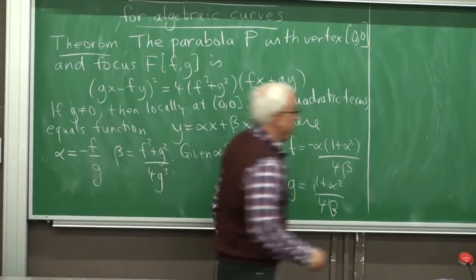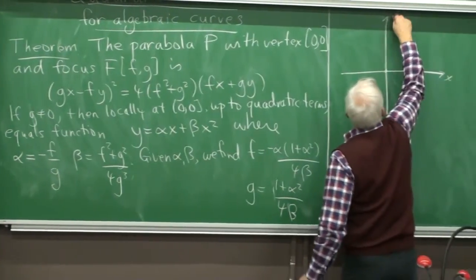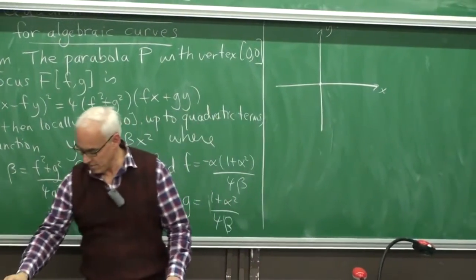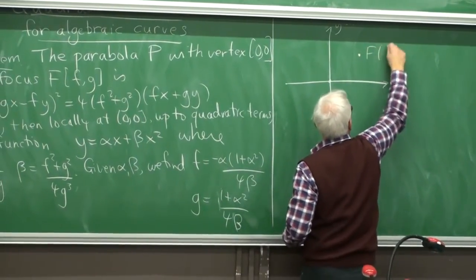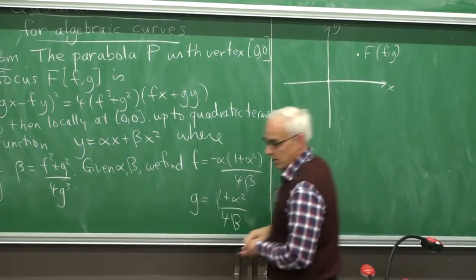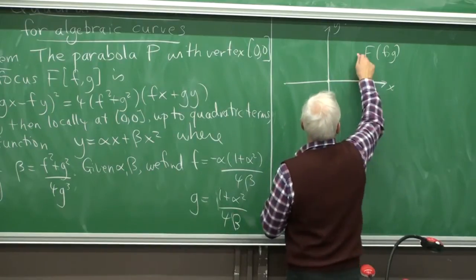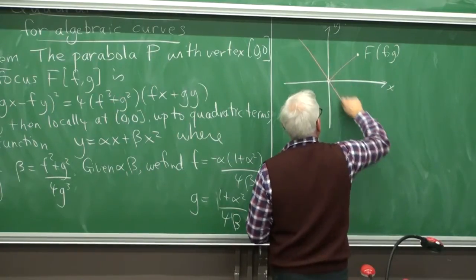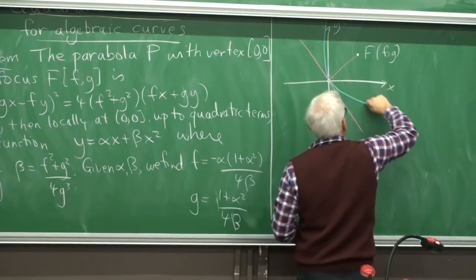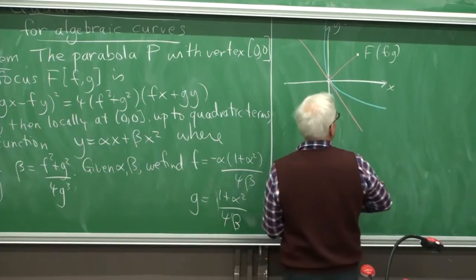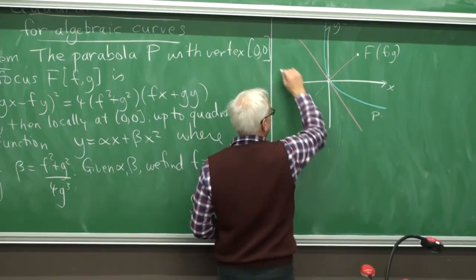All right, so the picture we have is we're in the plane. We have some focus point, F, G, and then we have the corresponding perpendicular tangent line, and then the parabola P. And the directrix will be an equal amount out this way here.